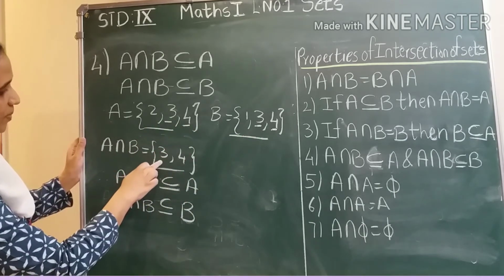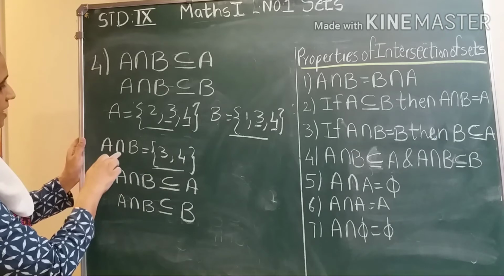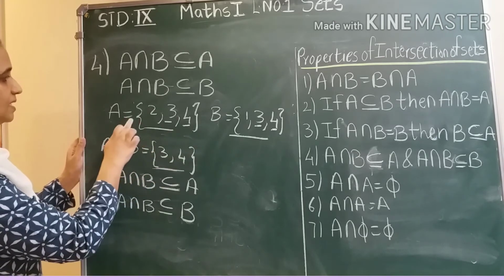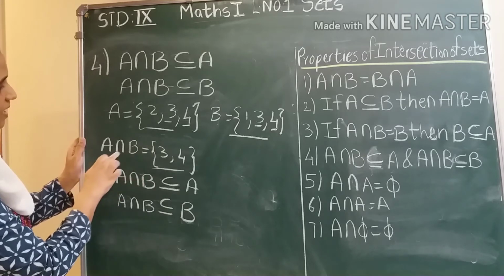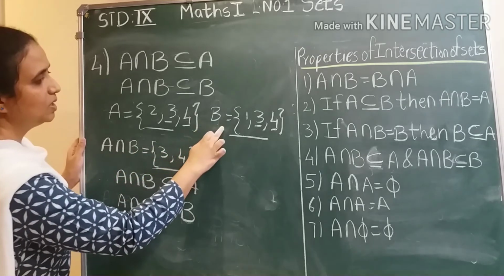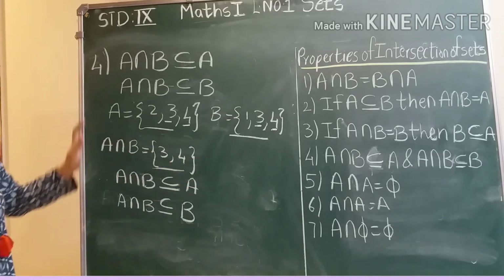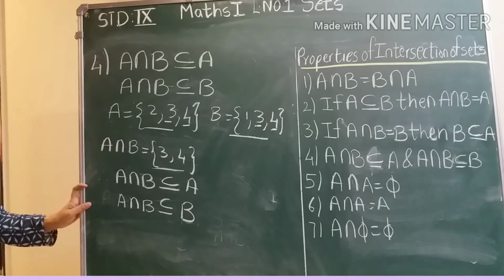All the elements which are present in A intersection B are present in set A also, and all the elements which are present in A intersection B are present in B also. So thus we have verified the fourth property also.